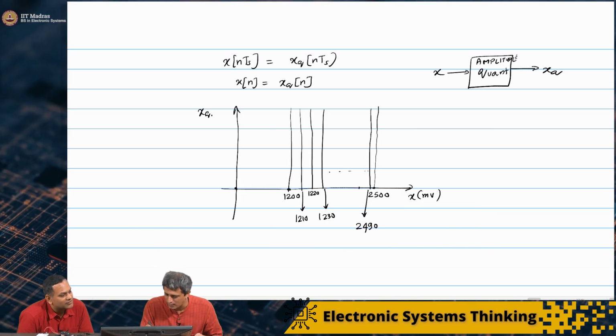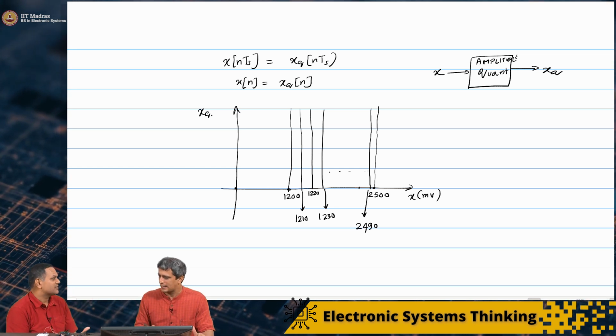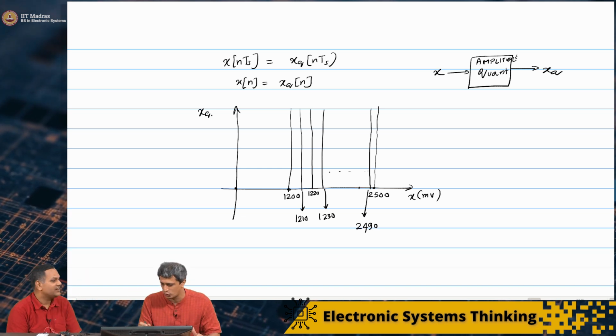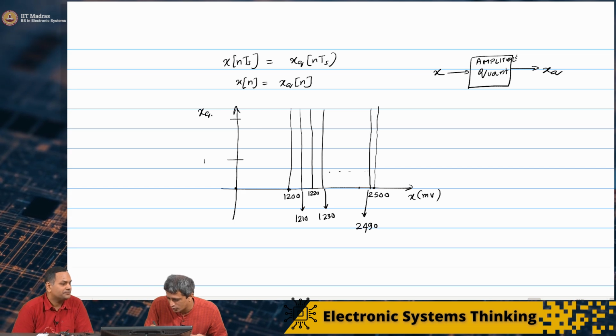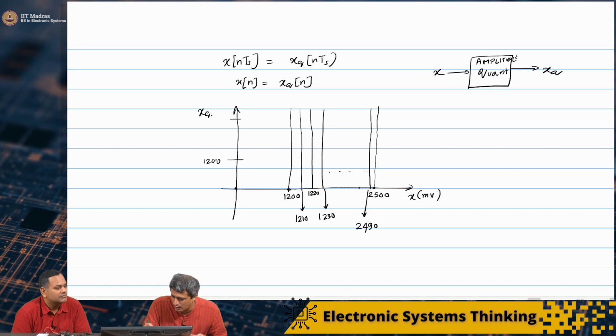So then we are going to look at the xq, which can again take values between 1200 and 2500. There's no change there. So this is 1200 and 2500.